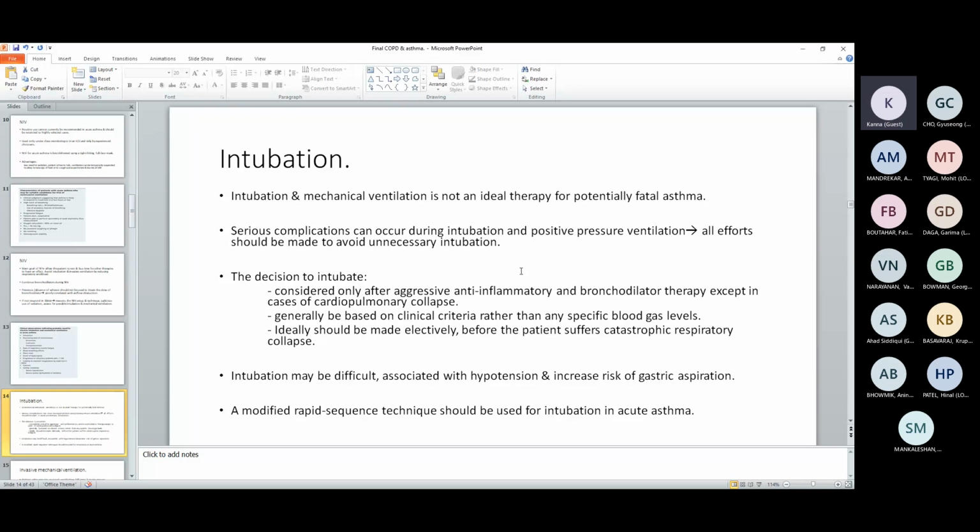If we decide to intubate, that decision should be made after aggressive treatment with anti-inflammatory drugs and bronchodilators, and the decision should be clinical rather than going by specific numbers or values related to the ABG. And ideally, it should be done electively before the patient collapses with respiratory failure.